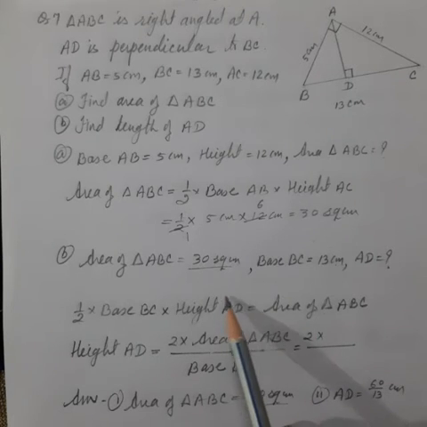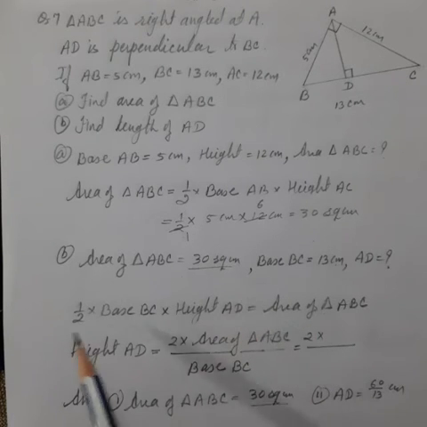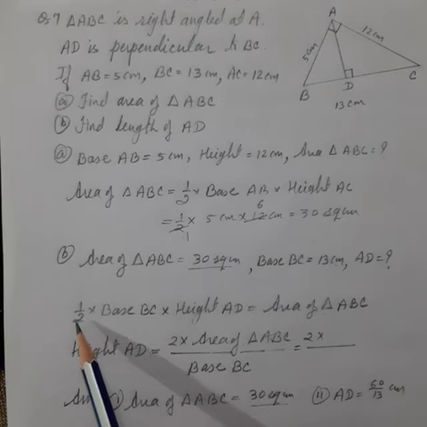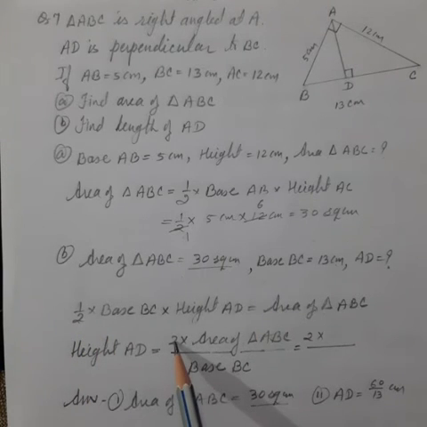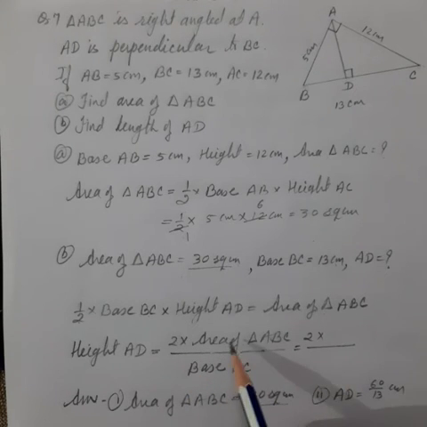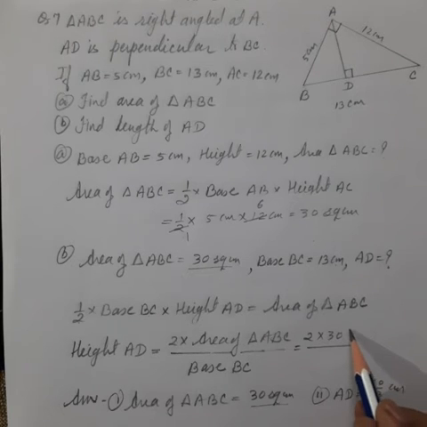We have the formula half base into its corresponding height equal to area of the triangle. We have to find out height AD. So we don't want this 2 here in the denominator, take it in the numerator on the other side. BC we don't want, take it here on the other side in the denominator and then put the values. 2, area of triangle is 30 square centimeter, means centimeter into centimeter.